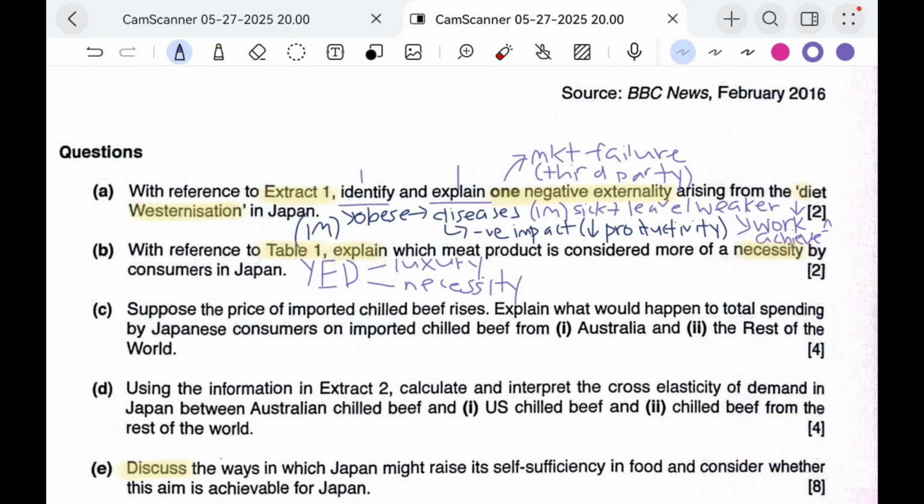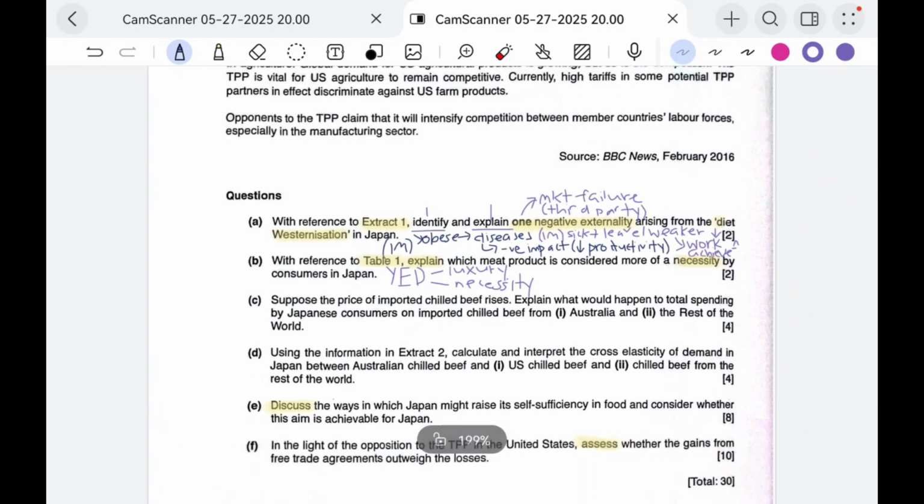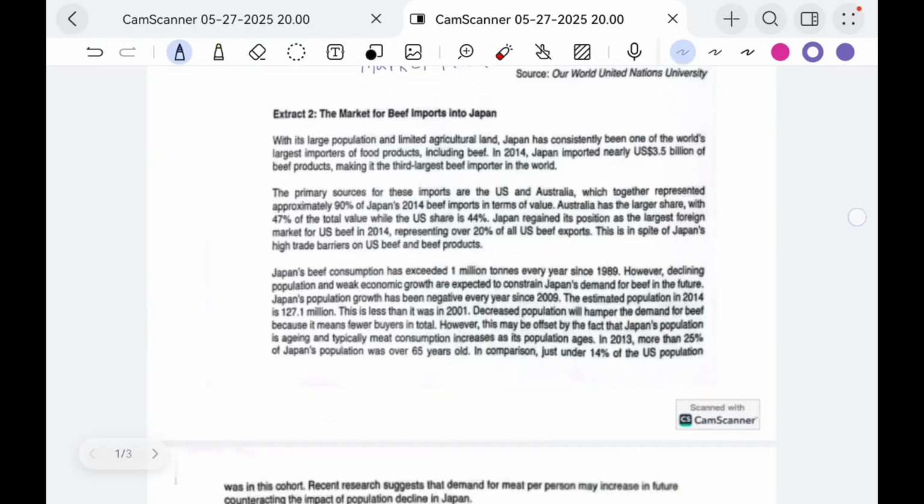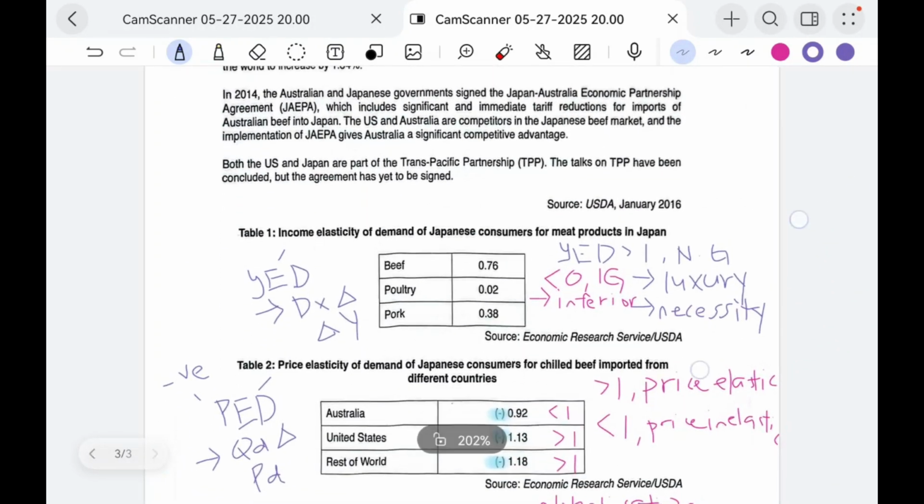We can just go to table 1 and we look at the YED that has positive value but lower, because they want you to talk about the necessity part. So when we go to your table 1, yes, here we are.